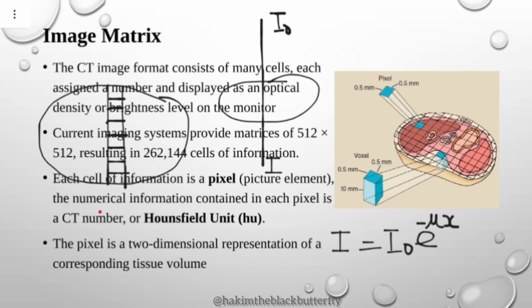So the final attenuation coefficient mu is just a summation of these attenuation coefficients in different pixels, because each pixel is representing something about these different organs. So it will be a summation of mu1 plus mu2 plus until mu n.